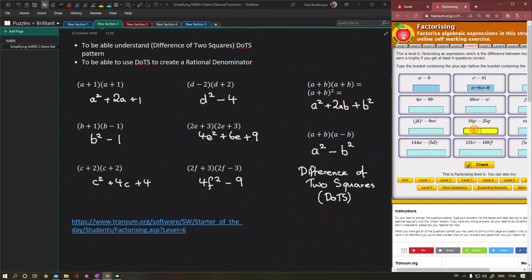Let's move down to this one. Look at the numbers and we get 4p, because 4p squared is going to give me 16p squared. 5q, and 5q will give me the 25.